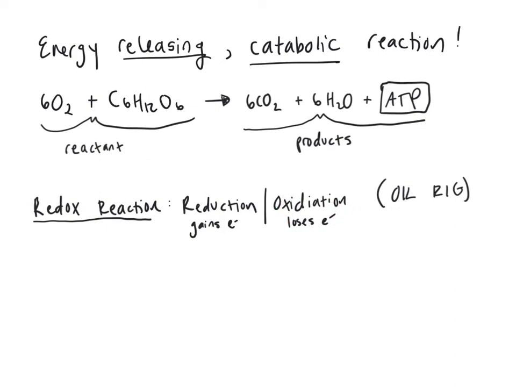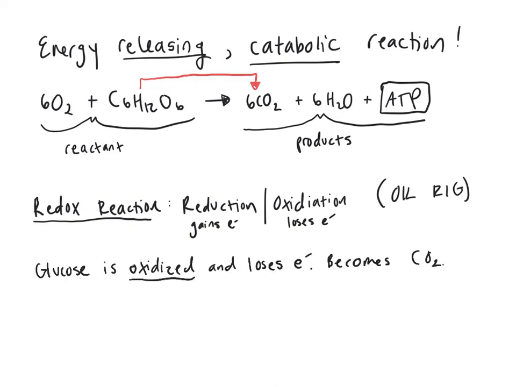So when we look at our equation up here, our glucose molecule, which is carbon based, is going to be broken down and actually is going to turn into carbon dioxide. So it is actually going to lose electrons in this process. Every time you break bonds, it's going to release electrons. So you can think, well, if we're breaking the glucose apart, every time we break it into different pieces, it's going to lose electrons.